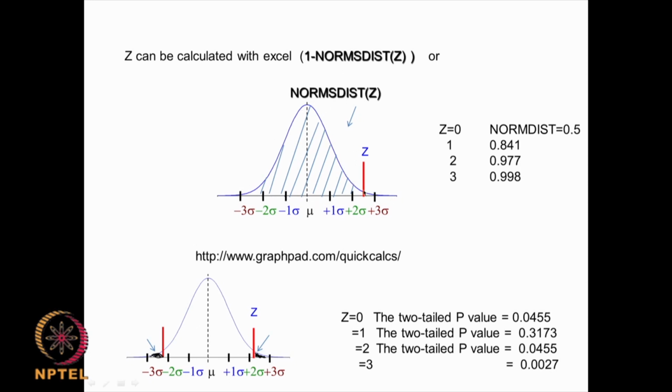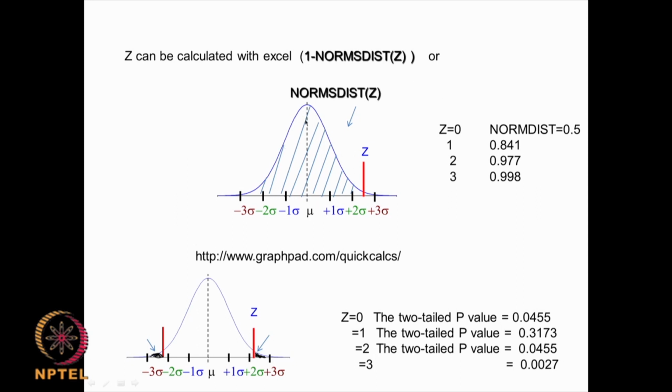So if I give a value of Z here and want to calculate this area, and this area, I can use this particular command, 1 minus normdist Z. Normdist is this particular area, so if you want to know what this other area is, I can just say 1 minus normdist.